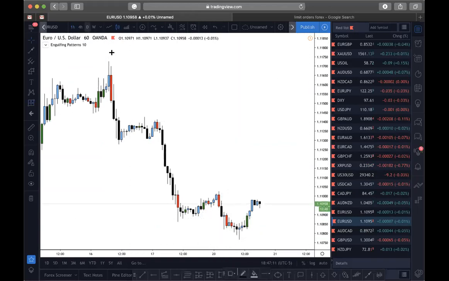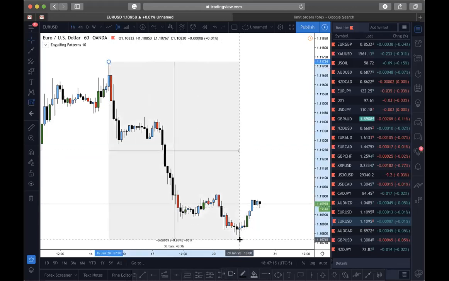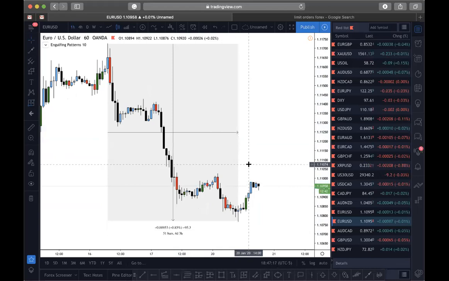Let's measure all these candles from here down to down here. So basically, this is 51 candles. It took the market 51 hours to move from $1.11 over here down to $1.10, which is about 4 days.